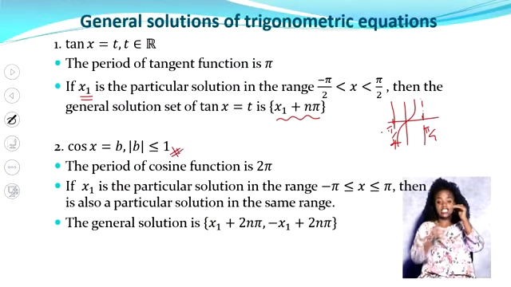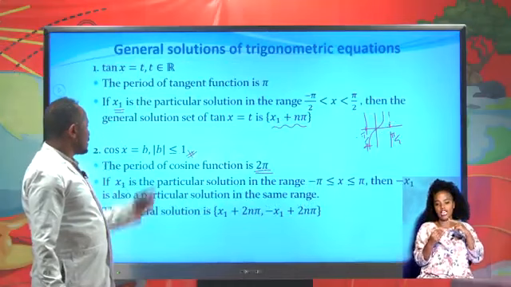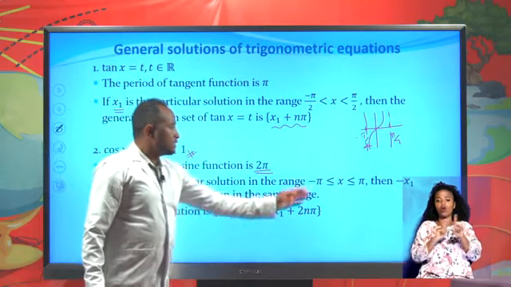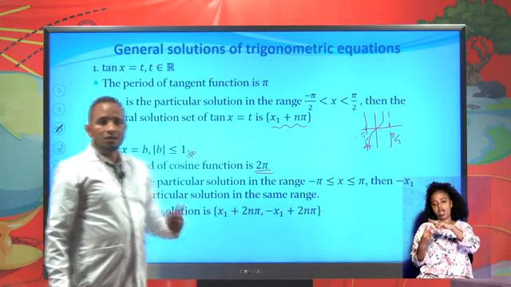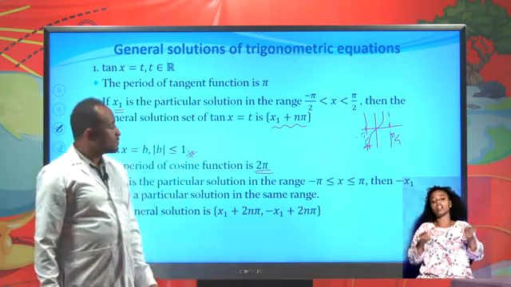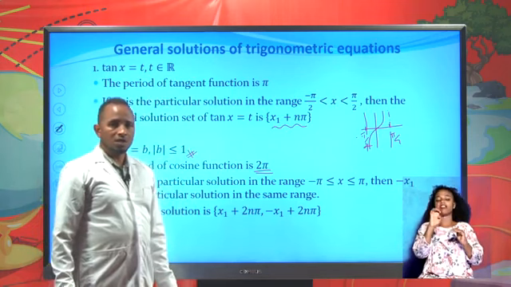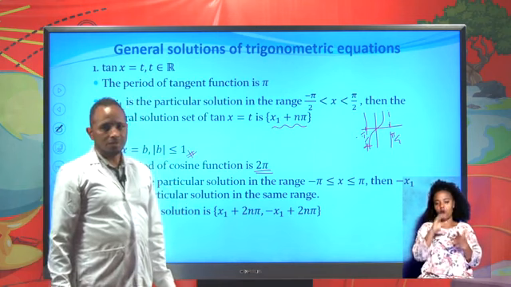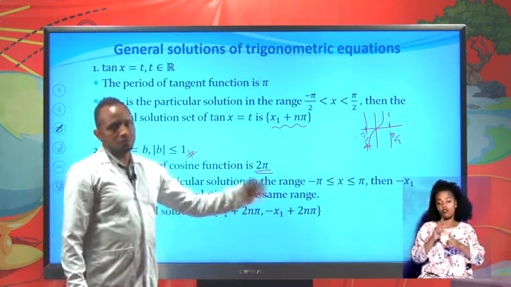if the absolute value of b is less than or equal to 1, the period of the cosine function is 2 pi. And if x1 is a particular solution in the range from negative pi up to pi, then negative x1 is also a particular solution in the same range, because cosine is an even function. So cos of negative x and cos x are the same. So if x1 is a solution for cosine, minus x1 is also a solution.